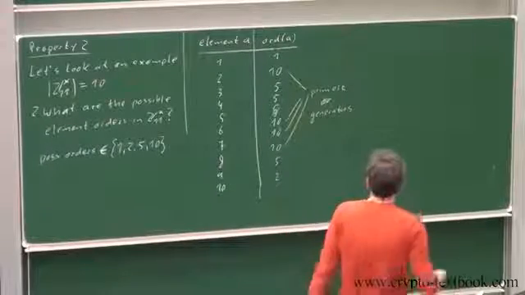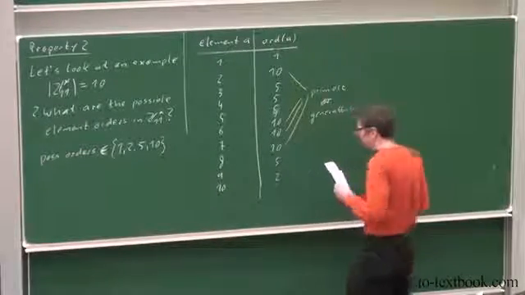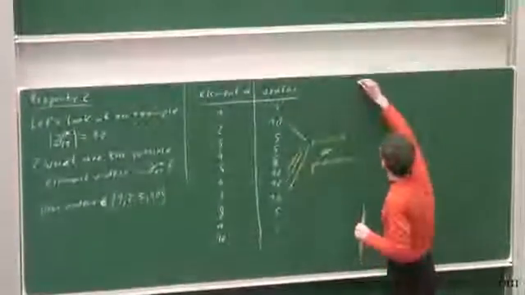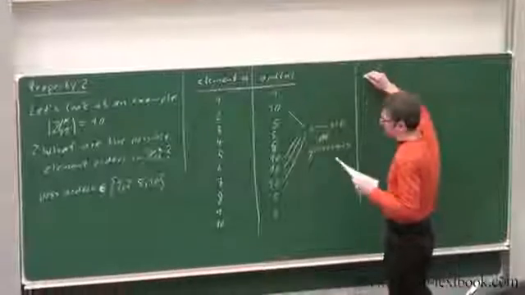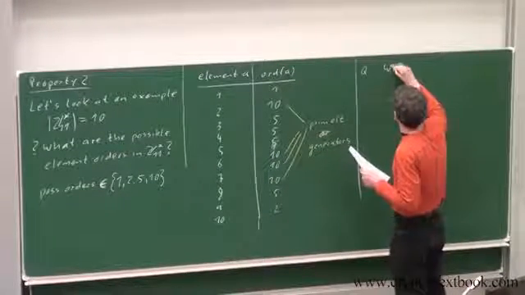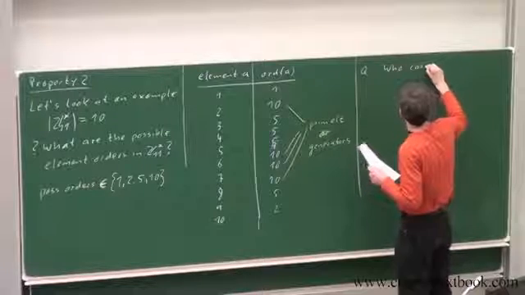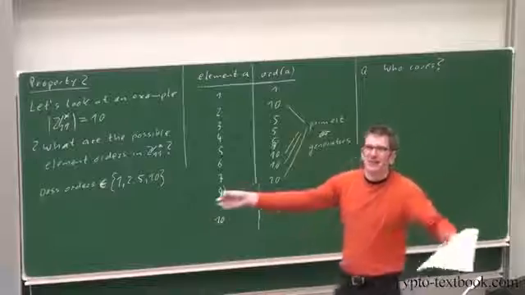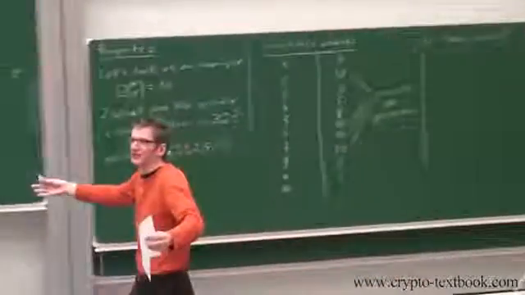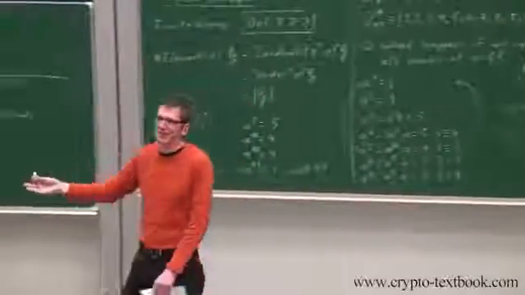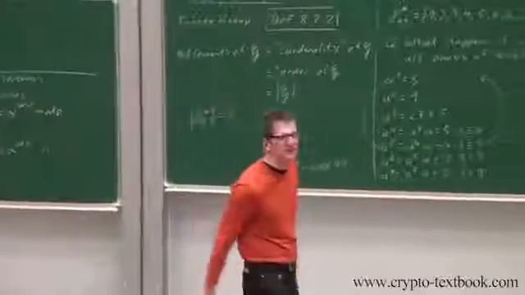So, and the last thing for today is the question: who cares? Why in the world is Professor Paar doing that, right? 8:30 in the morning, he's talking about, not elliptic curves, cyclic groups, right?